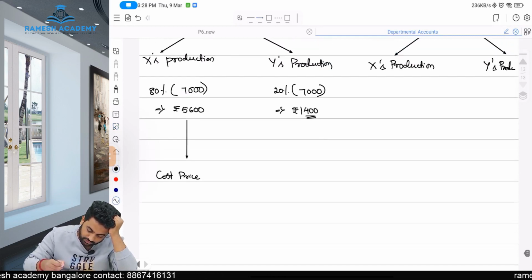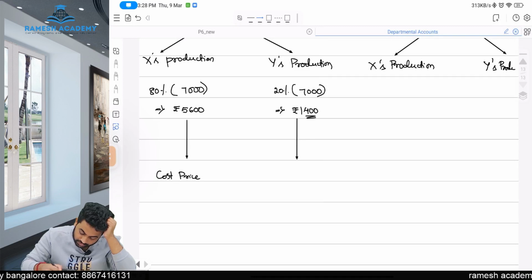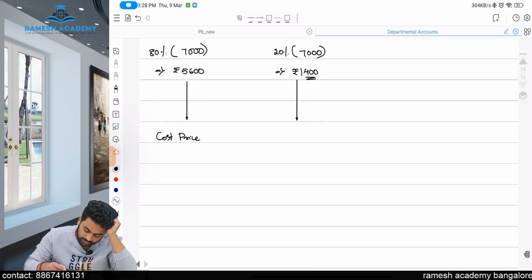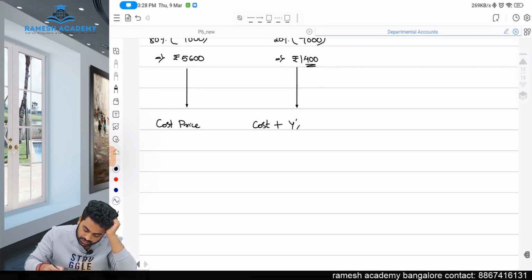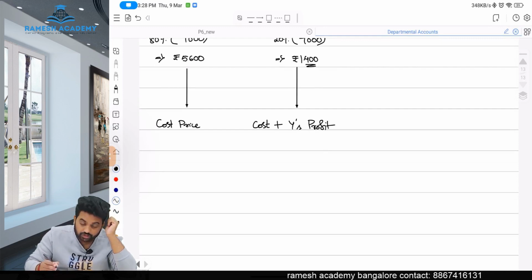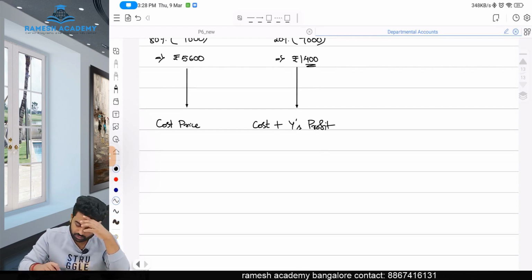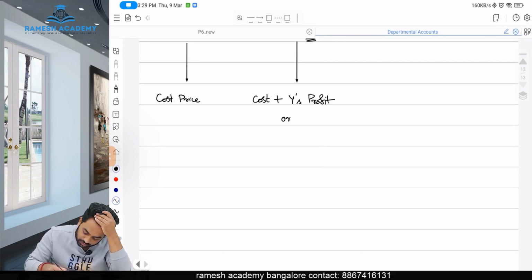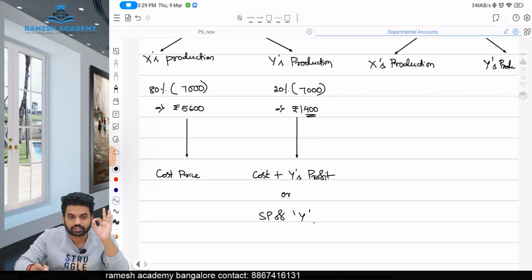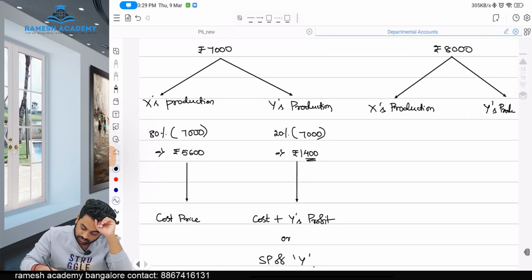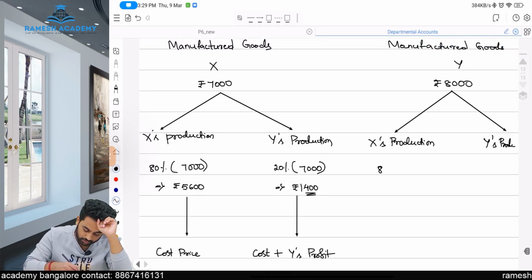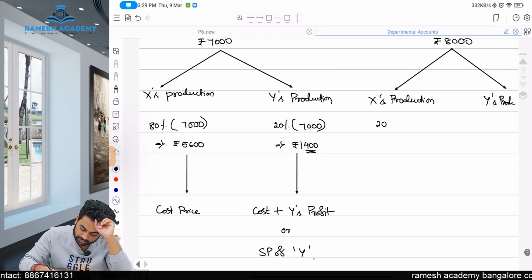Whereas this 1,400 is not at cost price, boss. This is at cost plus Y's profit, or you can say it in a simple way, the selling price of Y. That is not a cost, that is the selling price of Y. At the same time, X's production in Y's book is 20% of the closing stock.